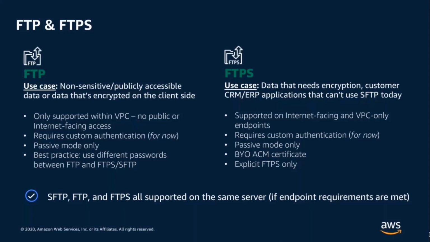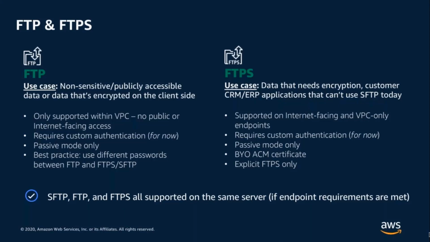A little bit about FTPS. The use cases where FTPS is used are where data needs to be encrypted, so regulated workloads, or you might want to integrate your CRM or ERP applications that cannot use SFTP today. Now, FTPS is supported on internet-facing endpoints, as well as if you want to restrict FTPS only within your VPC. Again, FTPS also requires that you integrate an identity management system using a custom authenticator.